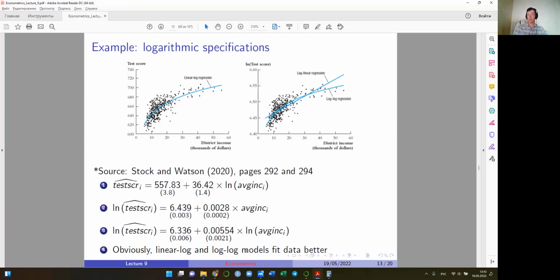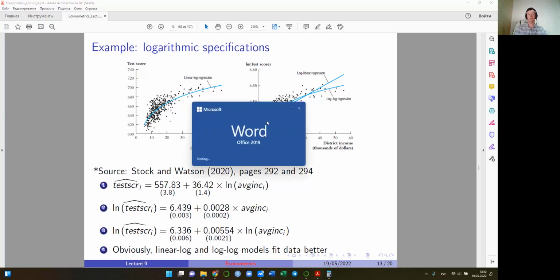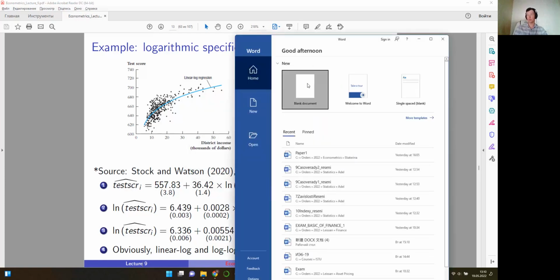And basically I didn't put this into the slides, but I guess we still have some time. Let's see how we can do the same exercise. What happens to the test score when average income changes from 10 to 11, and what happens to the test score when average income changes from 40 to 41.